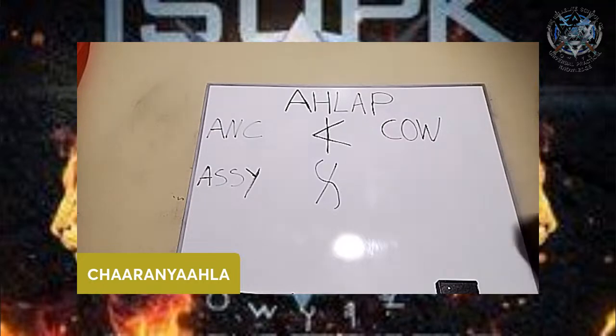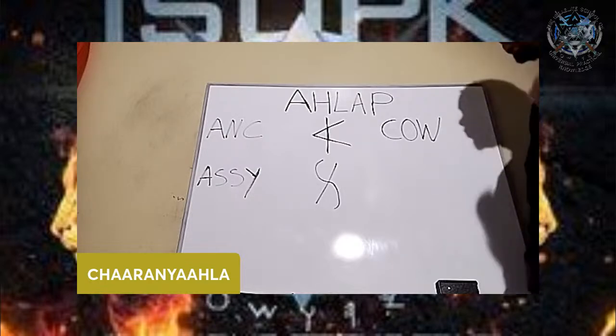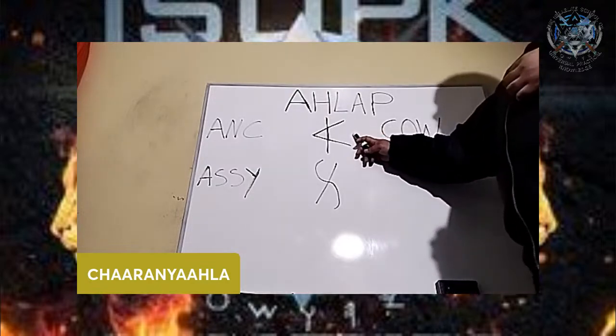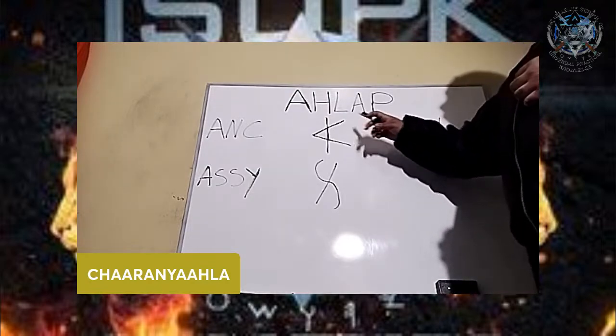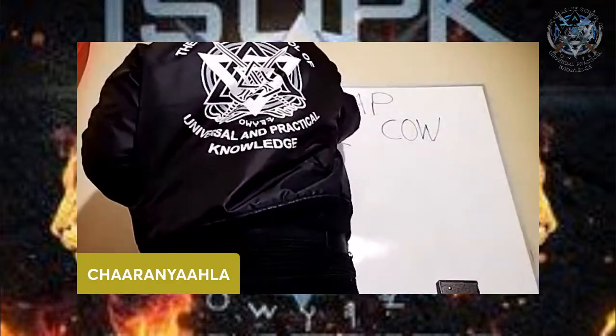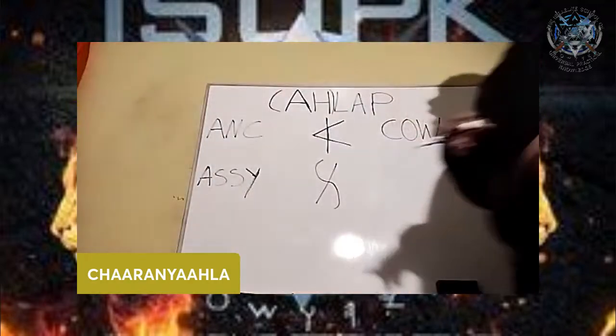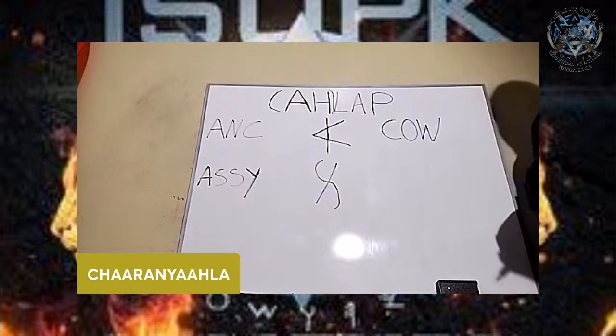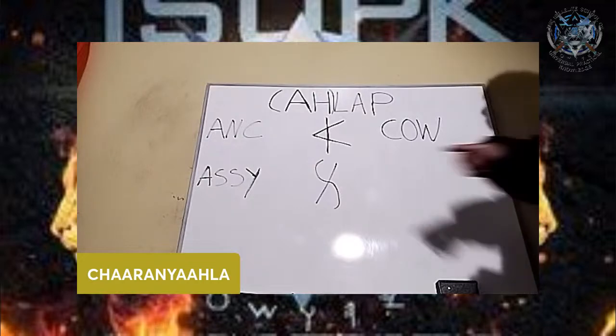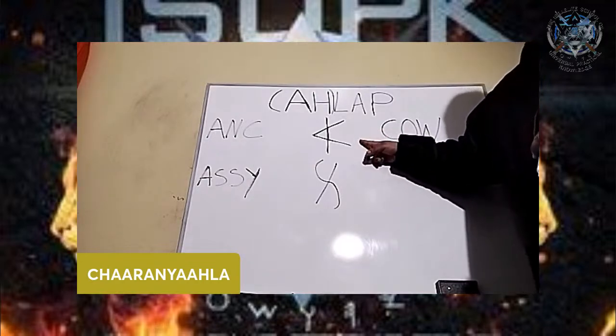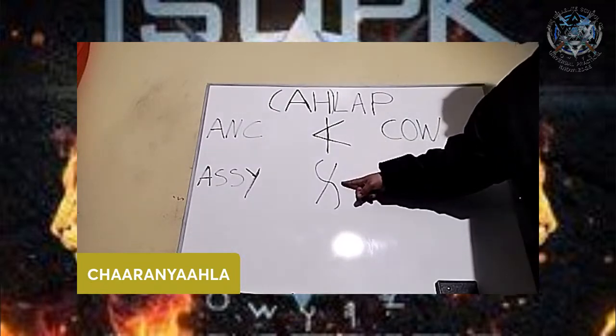So not cattle in plural, but ox or a cow's head. Your ancient character for I or Allah, you understand? So I can put the I in parentheses. Allah, in the shorter form, I. Ancient character for I, Assyrian character for I at the bottom.